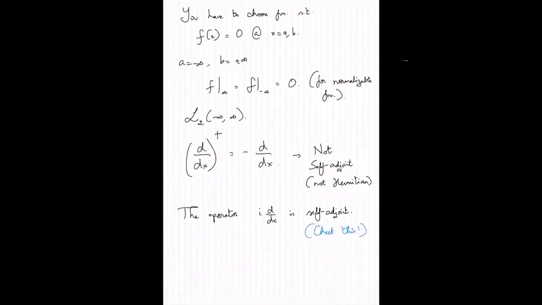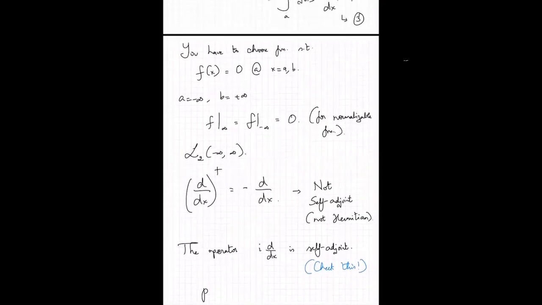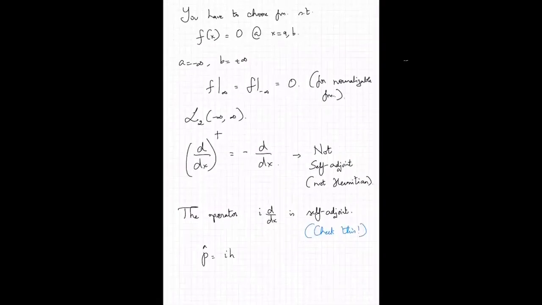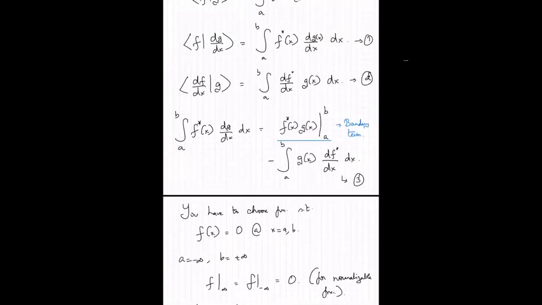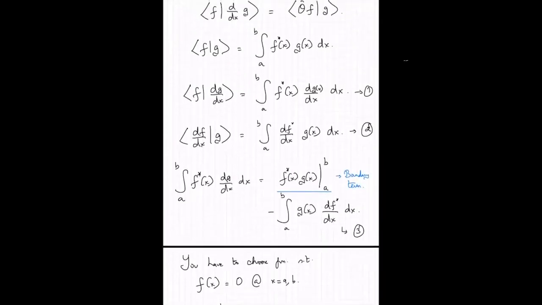So this operator i d/dx is of fundamental importance in quantum mechanics, as you well know, because this is the representation of the momentum operator, with an h bar of course, in the x space. Okay. So you have to be careful when checking for hermiticity of operators in infinite dimensional Hilbert spaces, because you have to actually do the calculation and then figure out if an operator is self-adjoint or not.